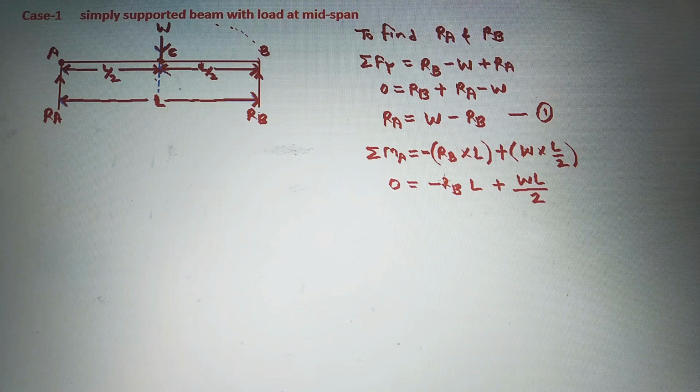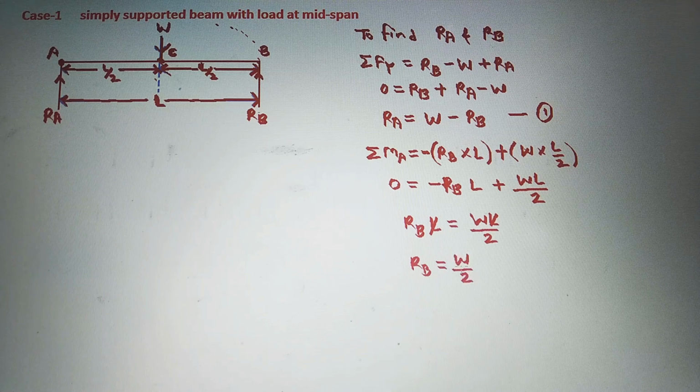If we shift RB into L to the left side, then it will be plus RB into L is equal to W into L by 2. This L will get cancelled. So RB is equal to W by 2. We will write here RB is equal to W by 2.